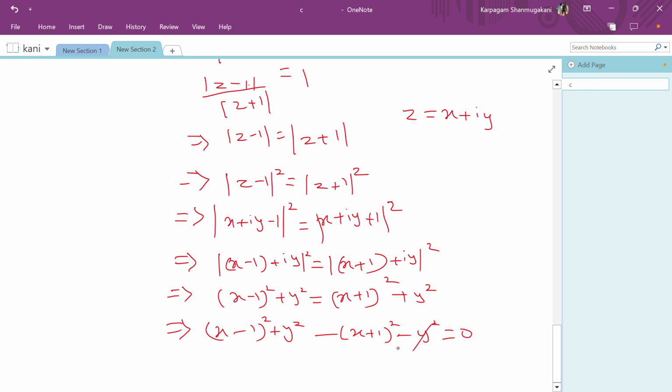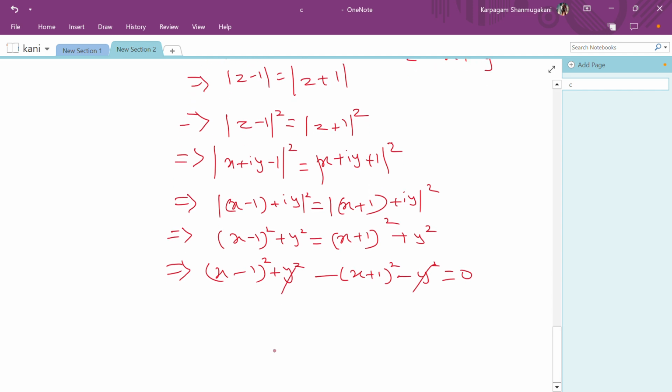Minus Y square plus Y square get cancelled. Then remaining is (X minus 1) the whole square minus (X plus 1) the whole square equal to 0. What is the value for this?